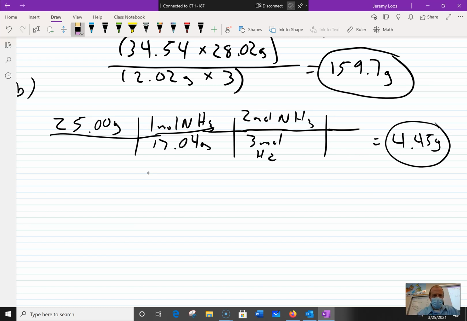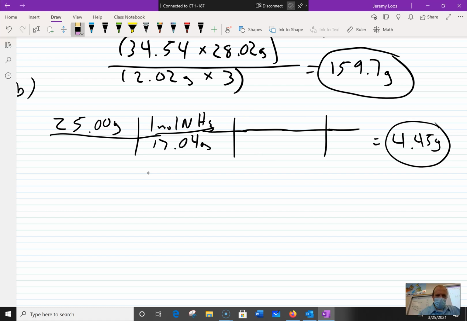is the same. We're going to change the grams to moles of the NH3. We're going to utilize our mole ratio here. I messed this up. And so we have grams to moles of the NH3.